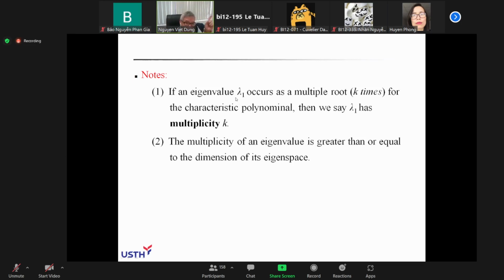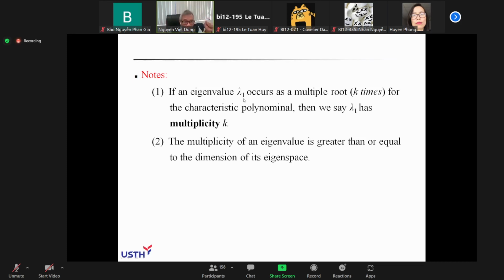If an eigenvalue lambda appears as a multiple root k times, we say that lambda has multiplicity k. In Vietnamese we say nghiệm bội.